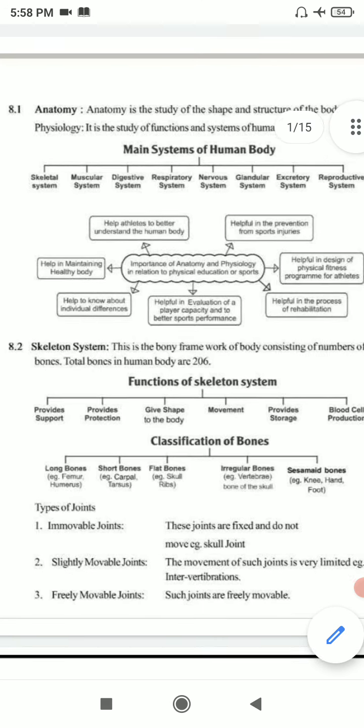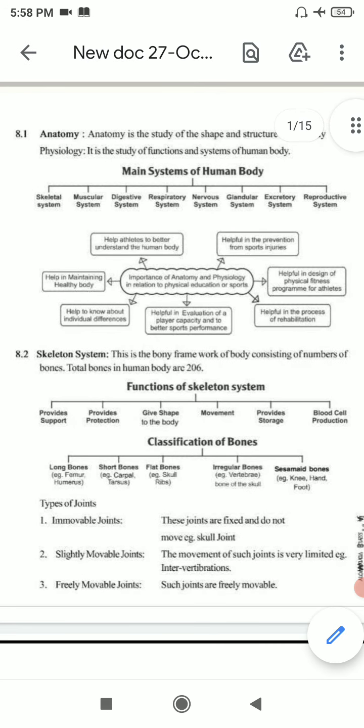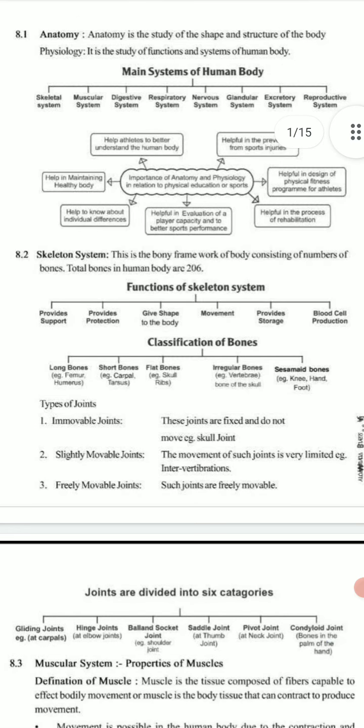And next, the importance of anatomy and physiology. Okay, so these are some importances of anatomy and physiology. And then next, the skeletal system. This is the bony framework of the body consisting of a number of bones, and the total bones in the human body are 206. So this point is important.